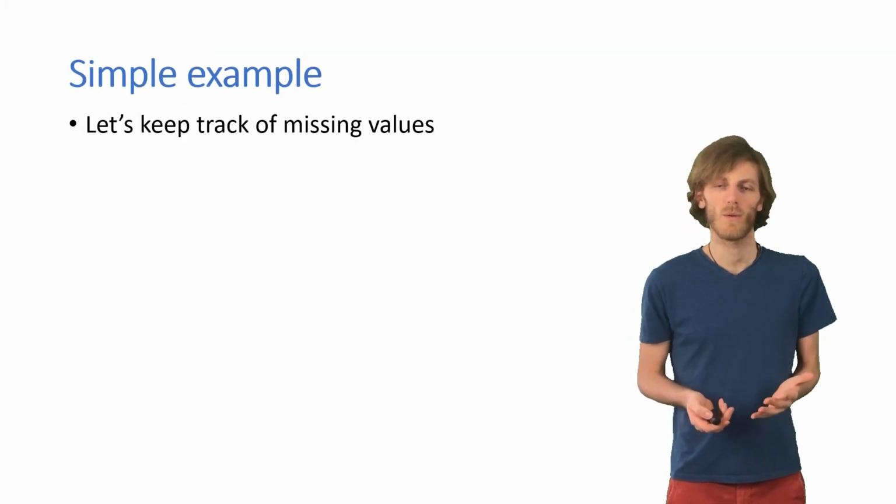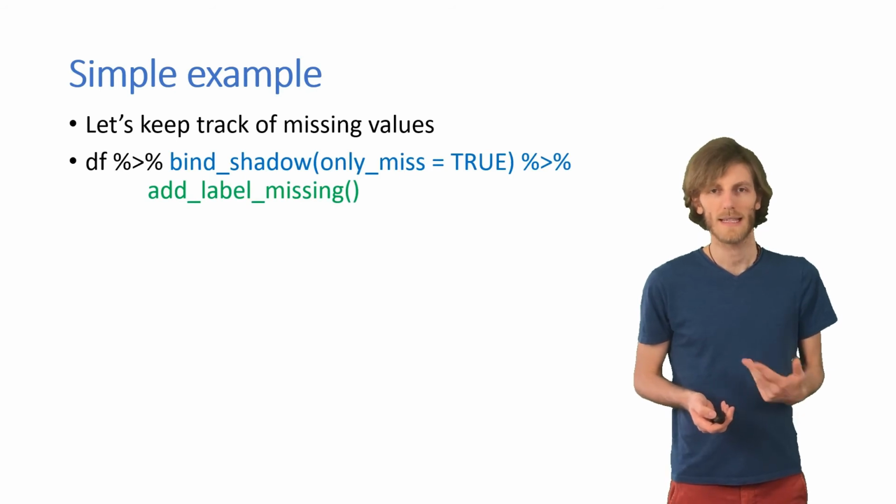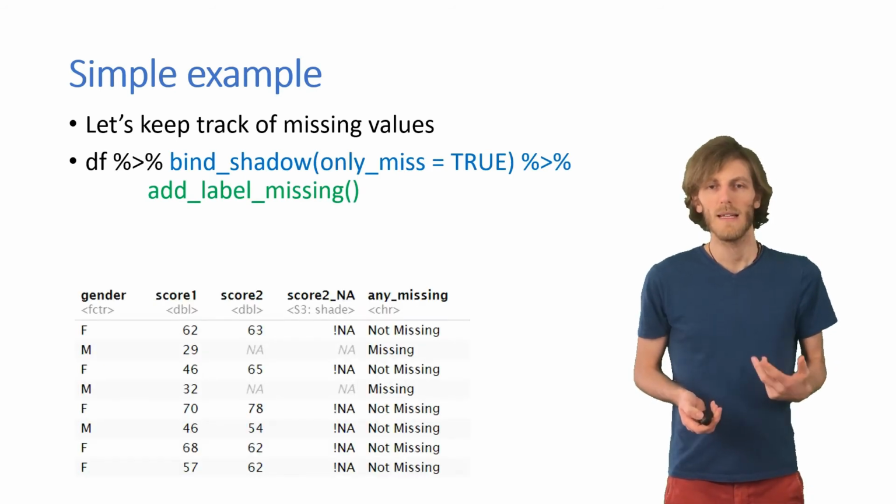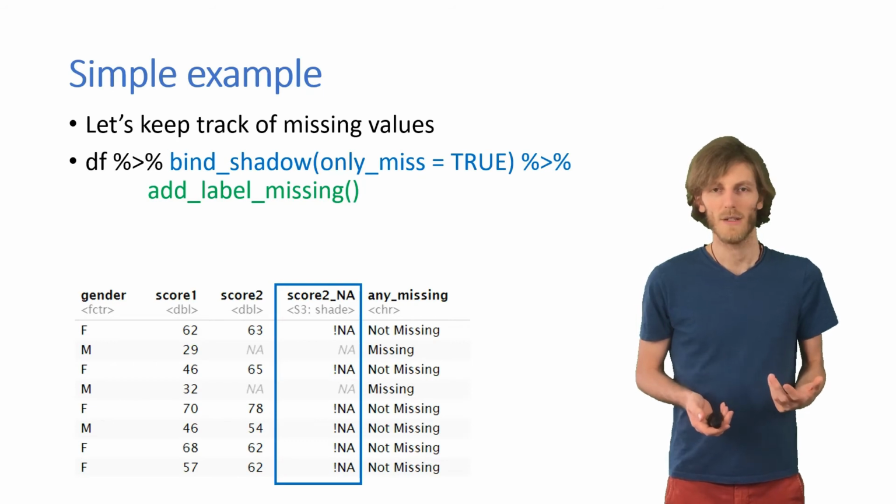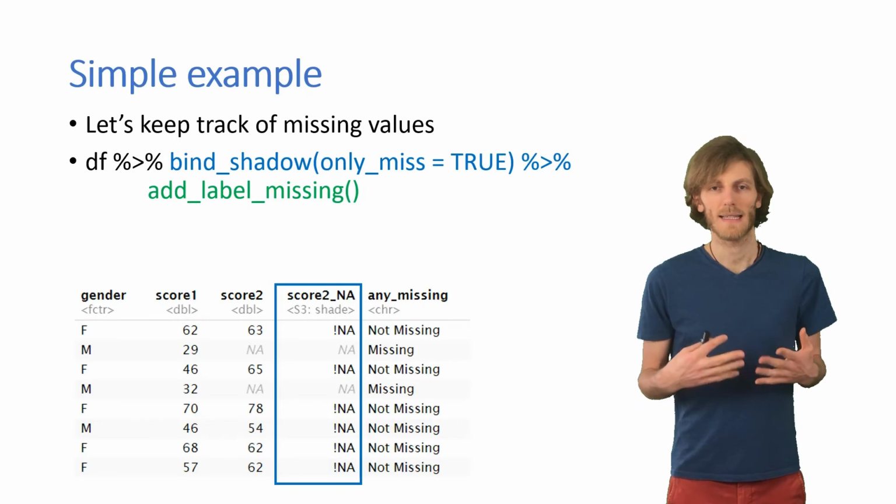Let's have a look at what these functions do to the example dataset. The first one, bind_shadow, adds a column for each column that had missing data before.